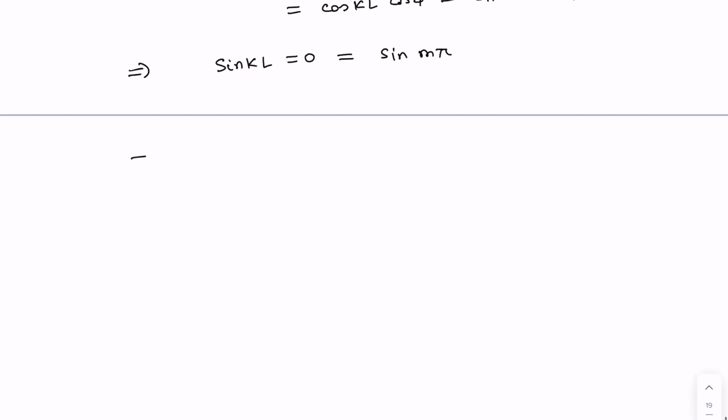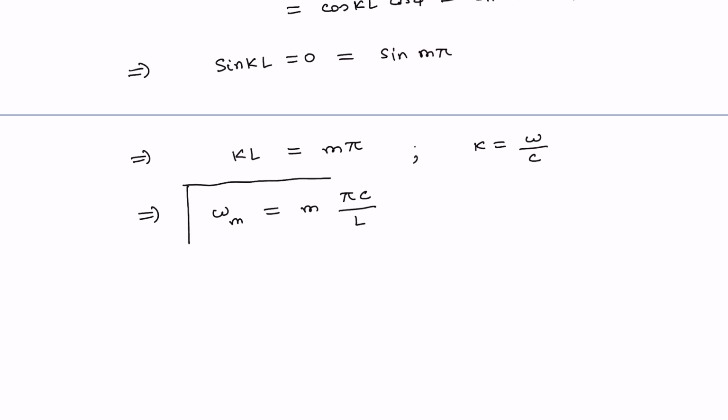It implies that kL is equal to m pi, and because k is equal to omega by c in free space, since the refractive index is 1 there, I can write omega m is equal to m pi c by L. This is the expression for the angular frequency of the wave, and as you can see, the frequency is getting discretized because of the boundary conditions.